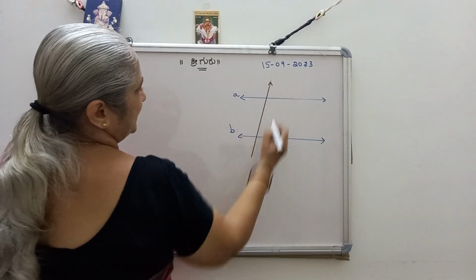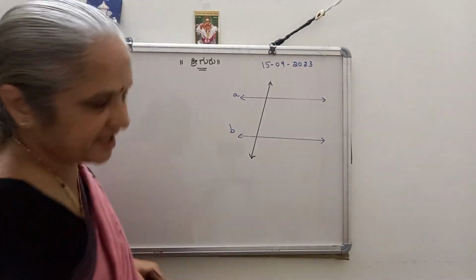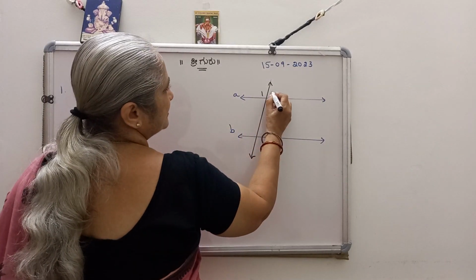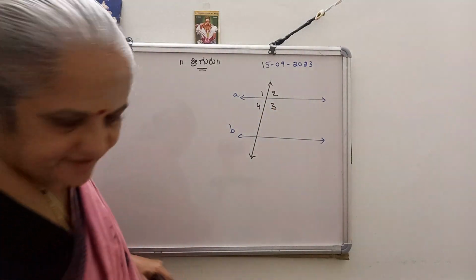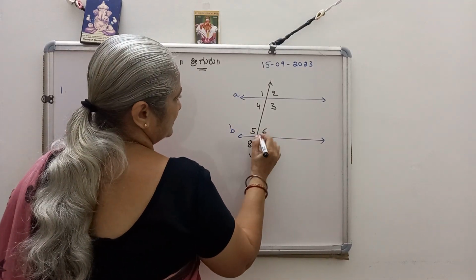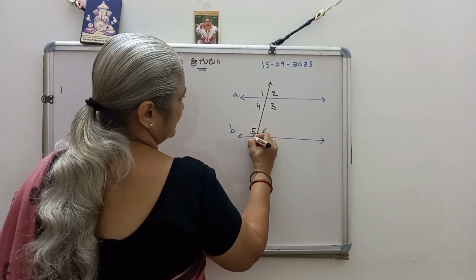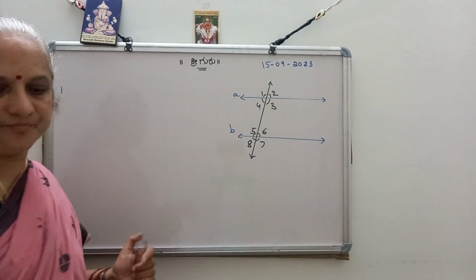Okay. This is called the transversal. Here angles formed are 1, 2, 3, 4, 5, 6, 7, 8.